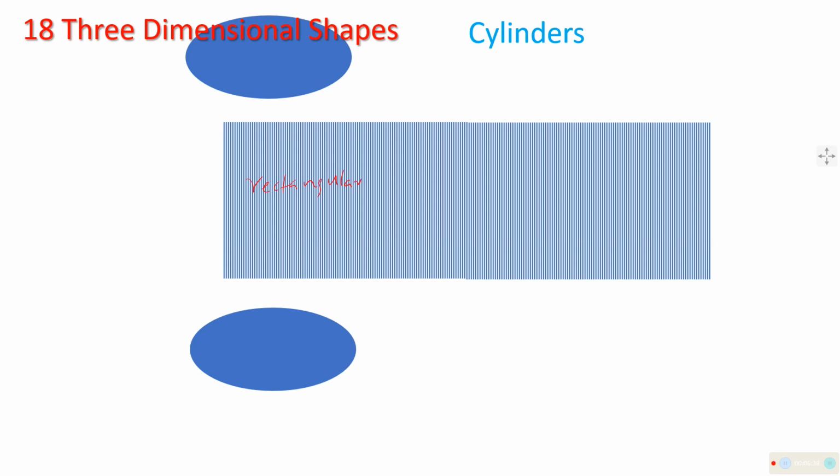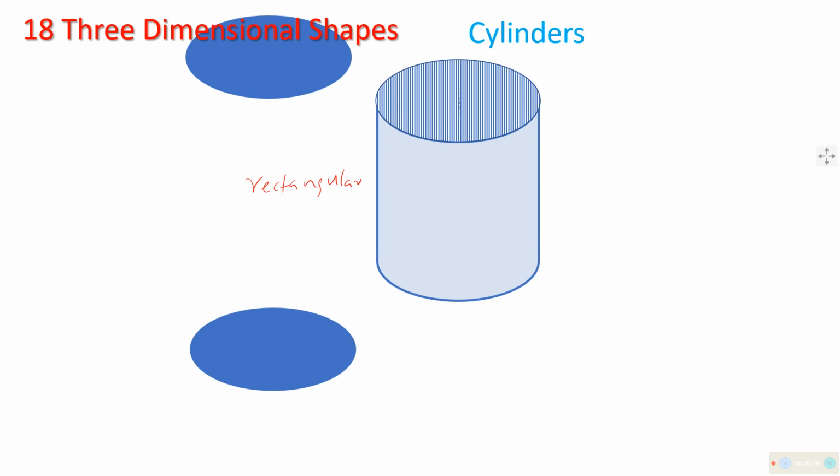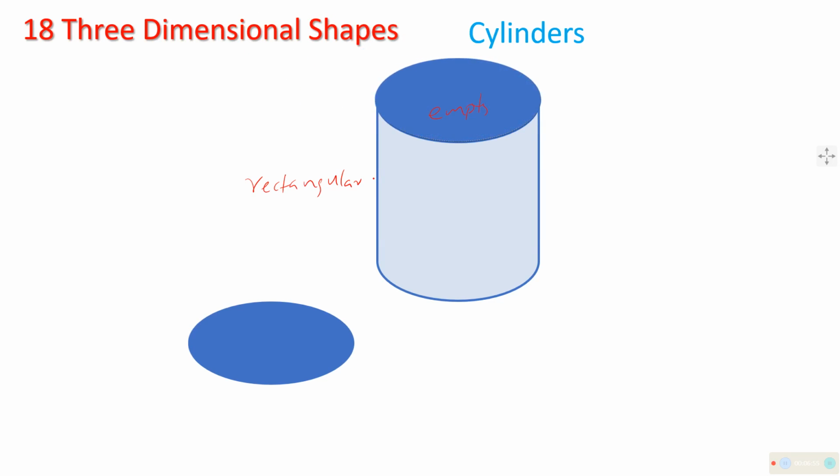Cylinders are three-dimensional figures having circular face on top and bottom and curved surface in between. So if you fold this, it will remain like this. Inside it is empty now, and we will put the lid over here and close below. It becomes a cylinder now. It has got a curved surface.